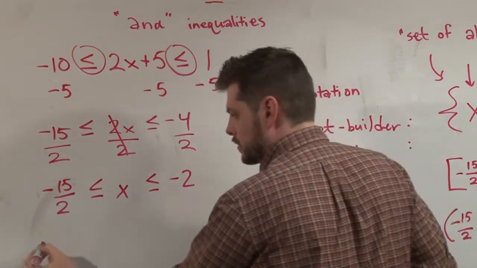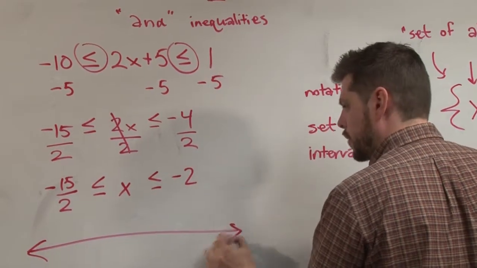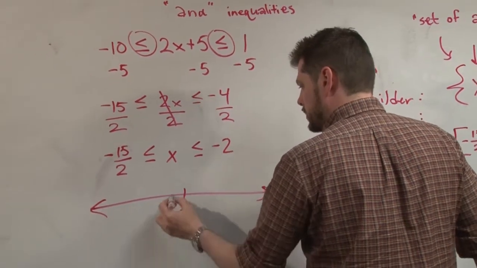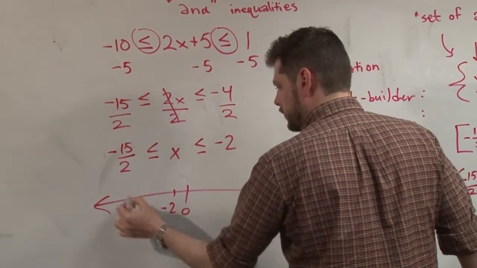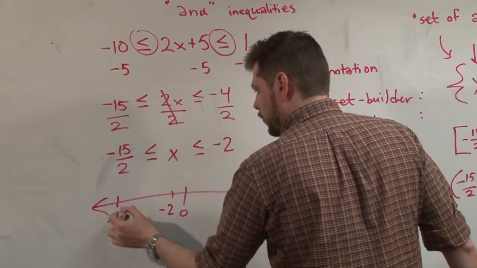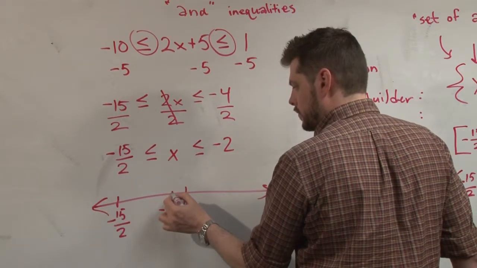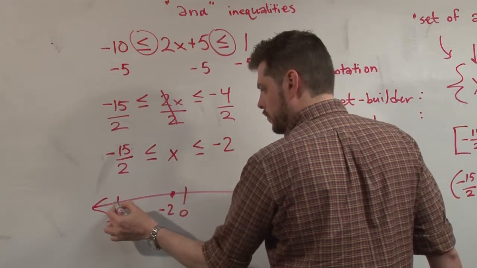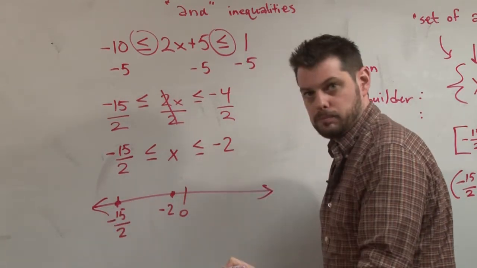If you were writing this as an expression on the number line, you would say that, let's say this is negative 2 and this is negative 15 over 2. We have to include this, so we fill them in because we know they're valid points.